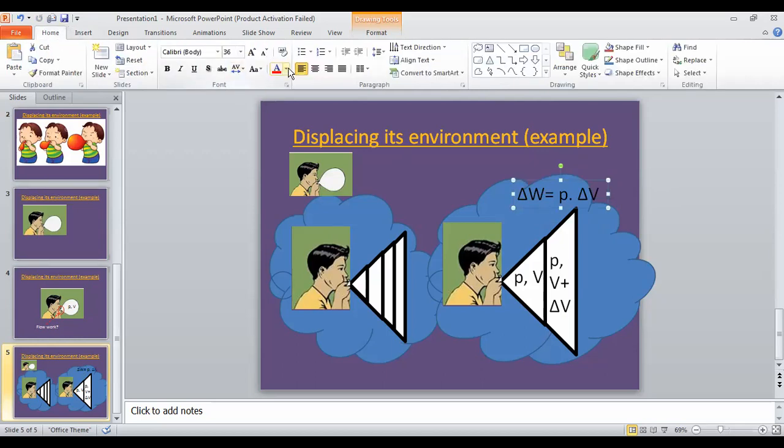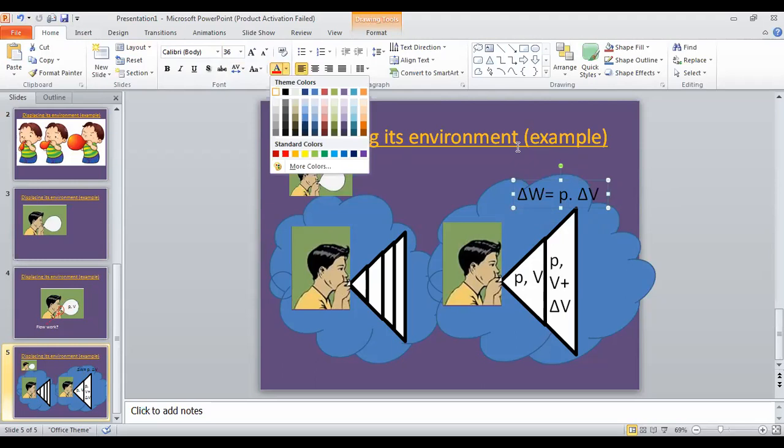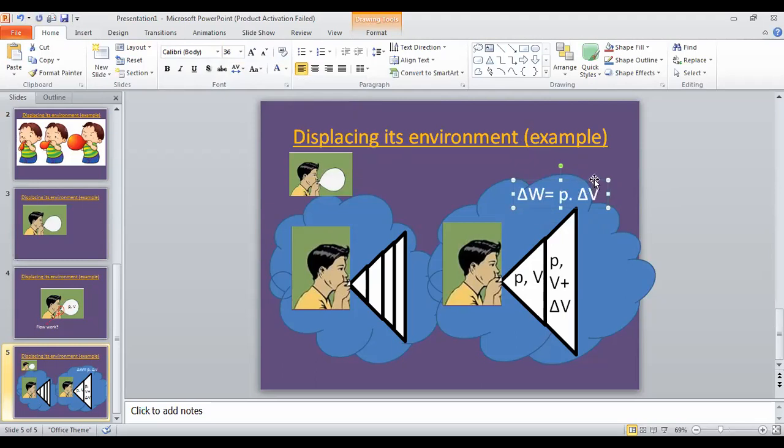This is something standard. We can prove this. Always, when work is done on the surroundings or on the environment, the displacement, if this is delta V, is the change in volume times the pressure, which becomes the work done, delta W.